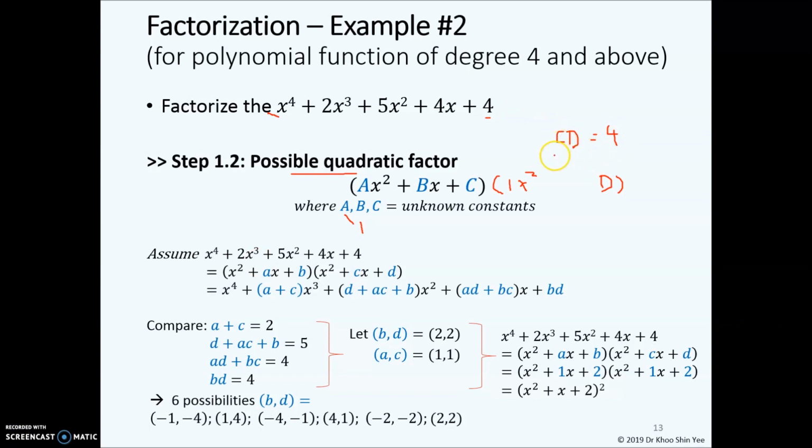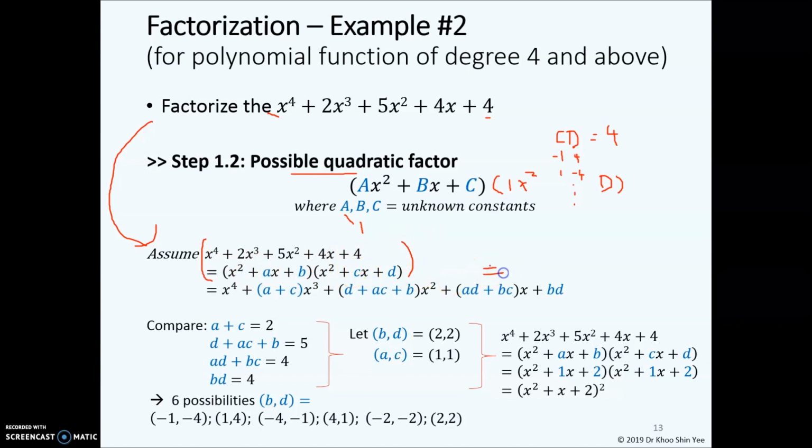There are many possibilities for this. For example, your c can be -1, then your d will be 4, or your c is 1, your d is -4, and so on. Okay, so let's continue with this problem. We assume that this function can be equal to a quadratic factor because there is no linear factor.